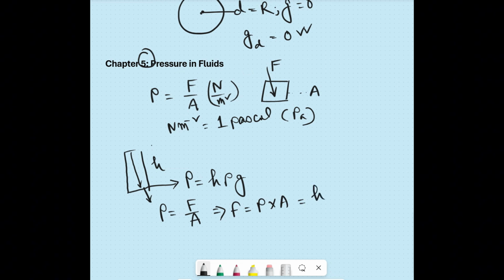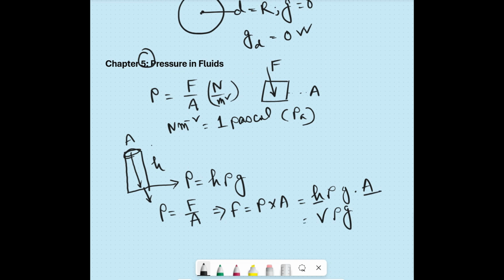So it will be h rho g times A, right? A is the area and h is the height. So this is, say, a cylindrical container, so it will be A. In that case, h times A is V, volume, rho g.